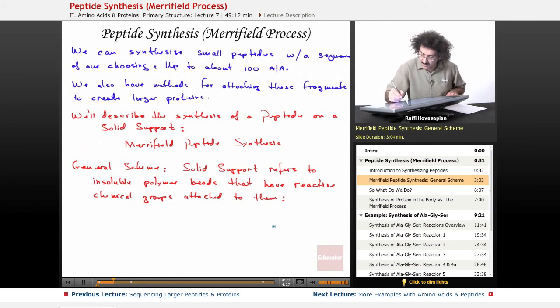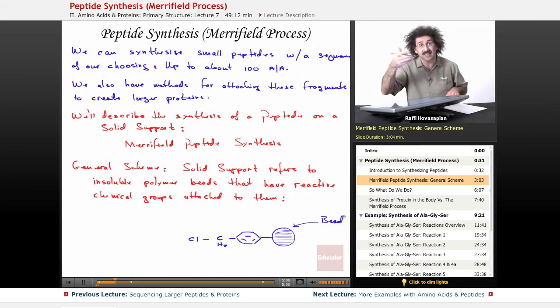So I have this bead, and in this particular case, the group that I have attached to it is CH2Cl. So this is our polymer bead, and it is insoluble, so it doesn't dissolve.